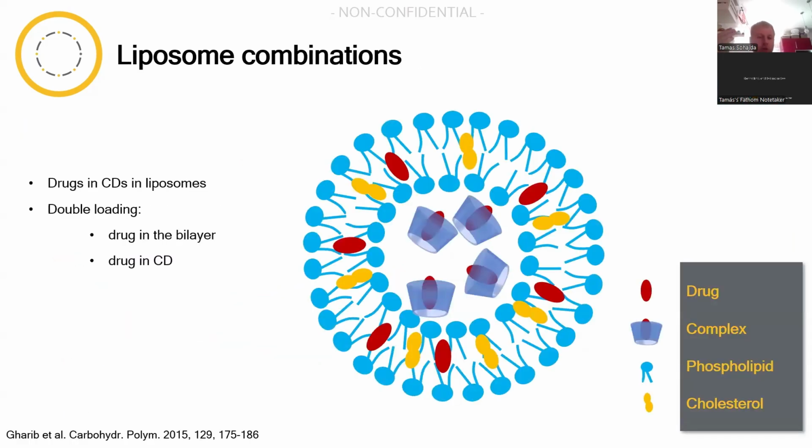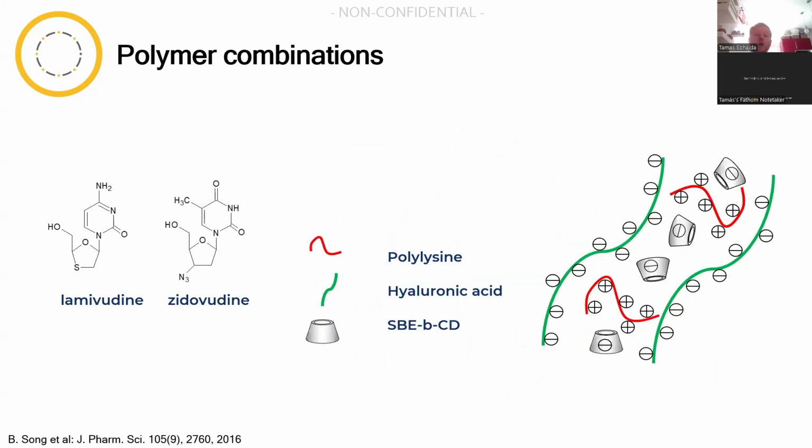What if we want to achieve, again, a targeted or an extended controlled release? Just a few examples. This is not something that's on the market or close to the market, but we can incorporate cyclodextrin complexes into liposomes or other lipid nanoparticle systems fairly easily. That would be a nice solution. Or we can combine the cyclodextrins with different types of polymers or other matrices where the degradation of the matrix is the limiting factor.